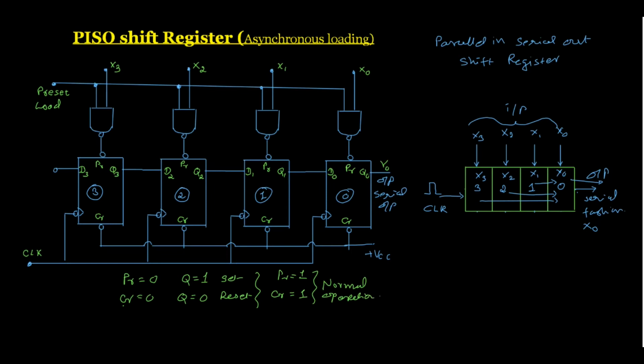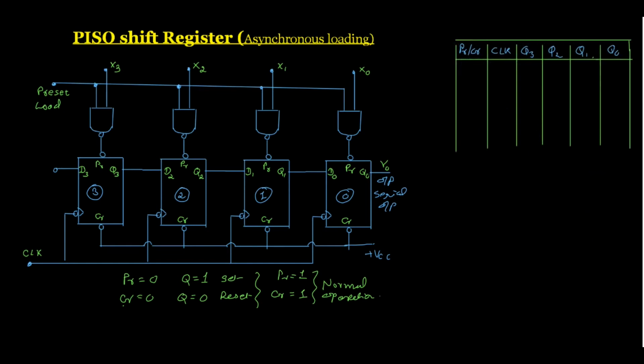Okay. So if this is clear, once you understand the function of each and every component, then it is very easy to understand how the data is going to be loaded into a shift register. Now let us see the operation of the circuit, and initially we assume that our data is 1101.